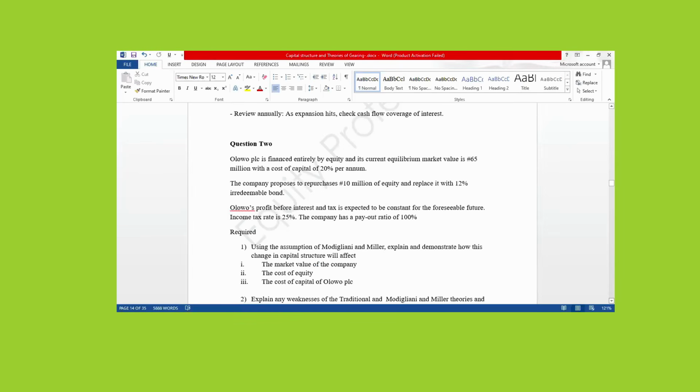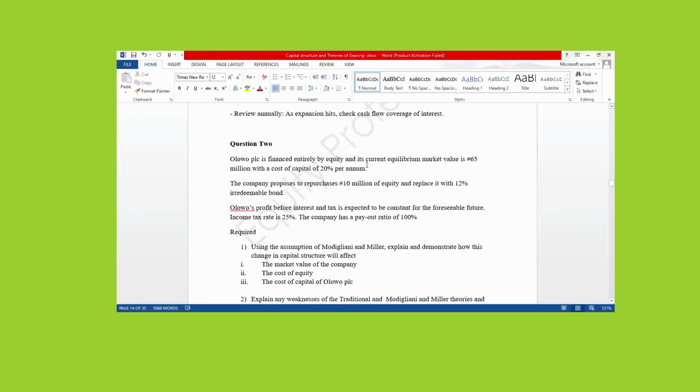If a company is financed entirely by equity, that means the company is an ungeared company. Look at the first paragraph. Olówó PSC is financed entirely by equity. That means Olówó is an ungeared company.